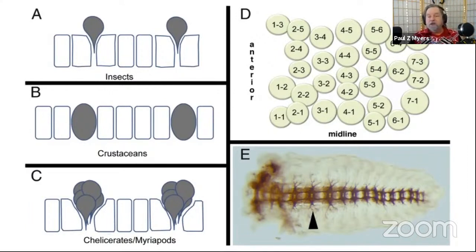Now, in Drosophila and in grasshoppers and in all insects, it seems, if you look down on the nervous system, what you see is a characteristic pattern of these neuroblasts forming. They appear in 7 rows.